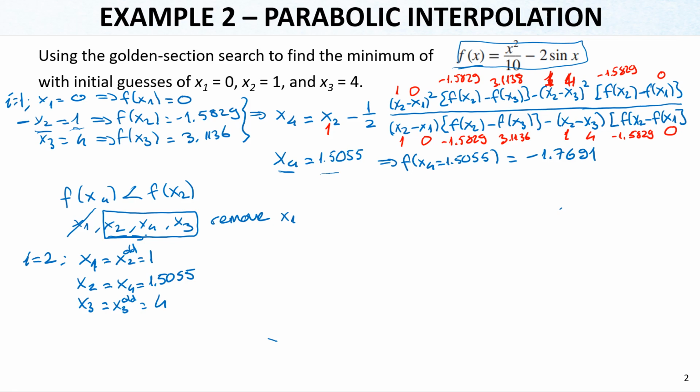Then we will continue by using this. We will find the new x4, this is the old one, by using this parabolic formula. And we will continue the iterations by using this. In the following slide, I will show all the iterations and the results. I will not calculate these here because it's very long, but in the next slide you can see the results.